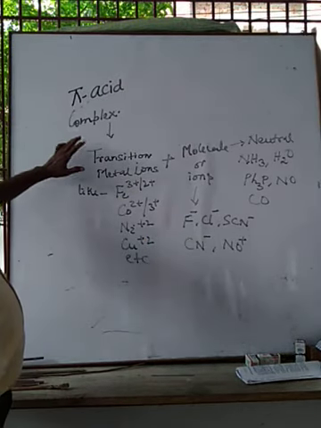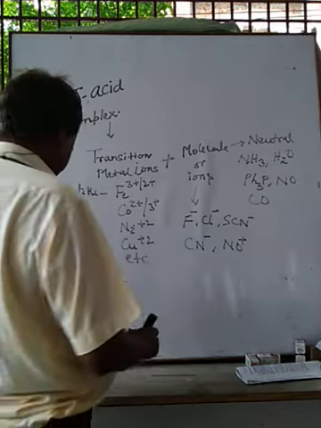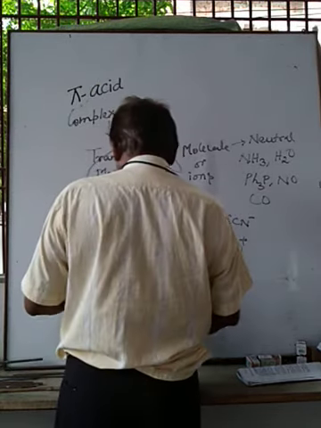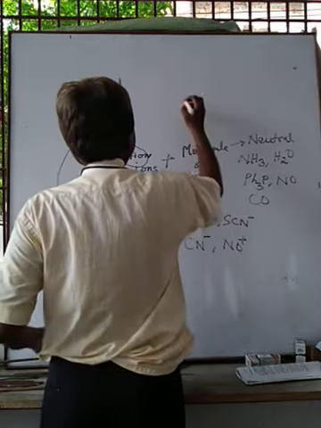So normally a complex means a transition metal. Say for example, suppose that this is the metal ion.